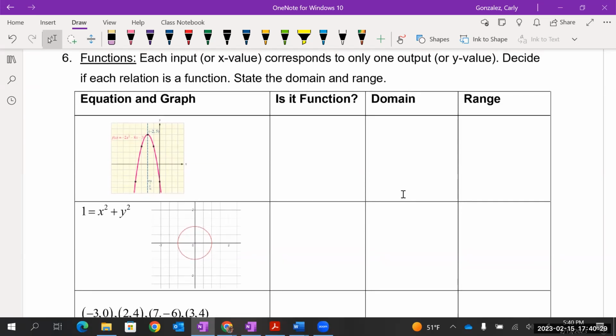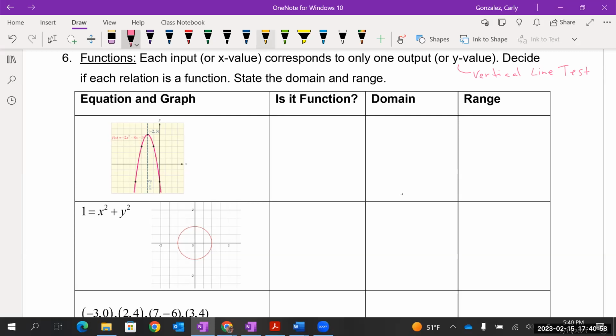In order to determine if a relation is in fact a function, we will utilize the vertical line test. So a relation is a function if each vertical line passes through your graph at most once.